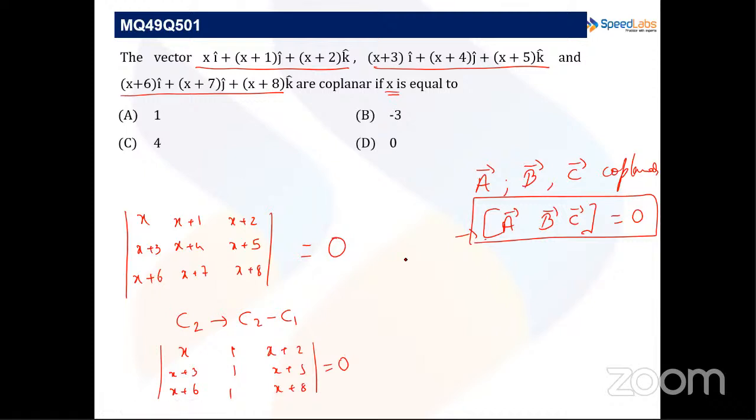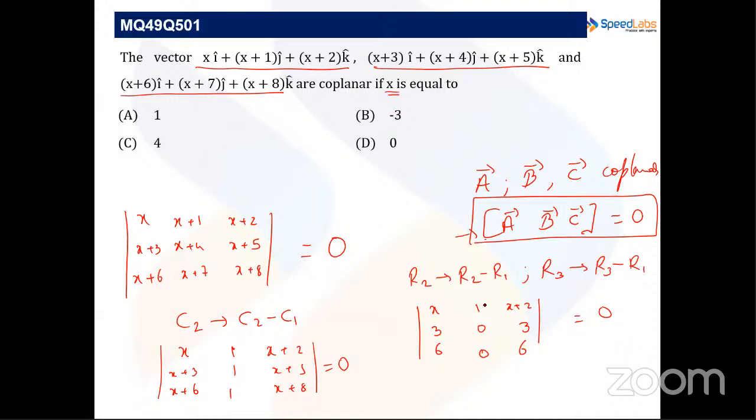And now put the operation R2 minus R1, and the operation R3 minus R1. So the determinant value will be x, 1, x plus 2, then 3, 0, 3, and 6, 0, 6.